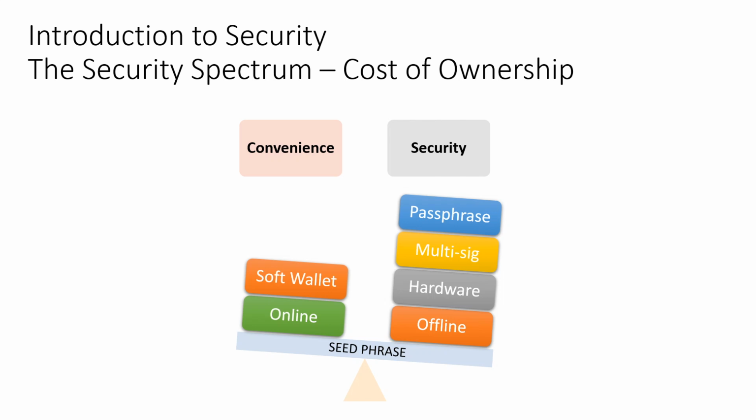There are things that need to be done to this device to make it work and function correctly. And in security in general, that cost of ownership is a balance between convenience and security. You can have something that's really easy to use and has a lower cost of ownership in terms of what you need to do to set it up, maintain and manage that setup. But the payoff for that convenience might be your security.